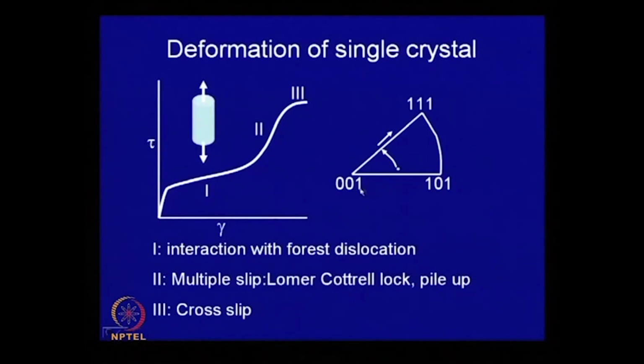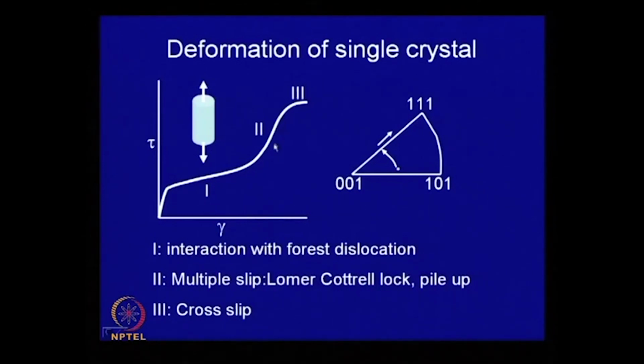Now, finally, it is quite possible that as you go on increasing the shear stress, you will reach a case where many of these dislocations have split into partials, and when the shear stress becomes large enough, some of these partials can come together and join to form a perfect dislocation, and if this dislocation has a screw character, it can cross slip onto another plane.